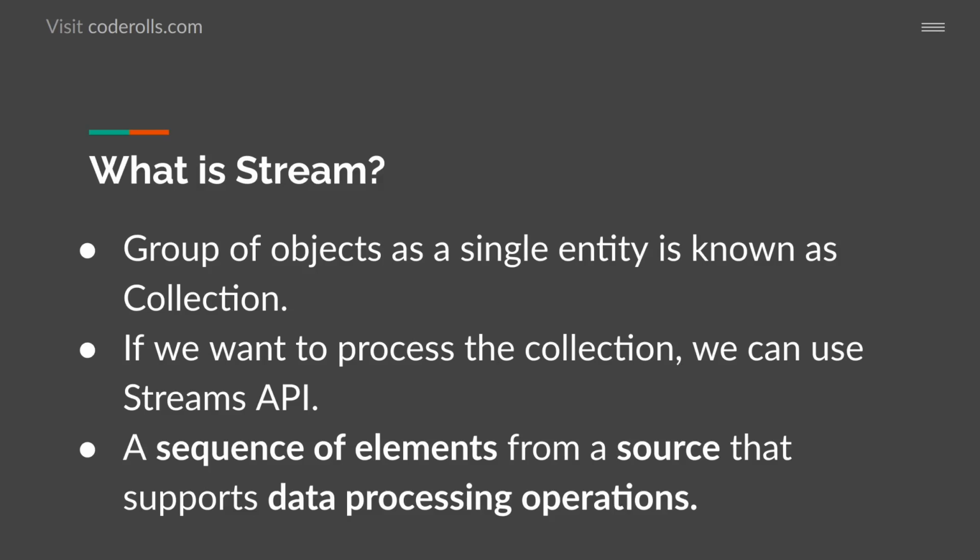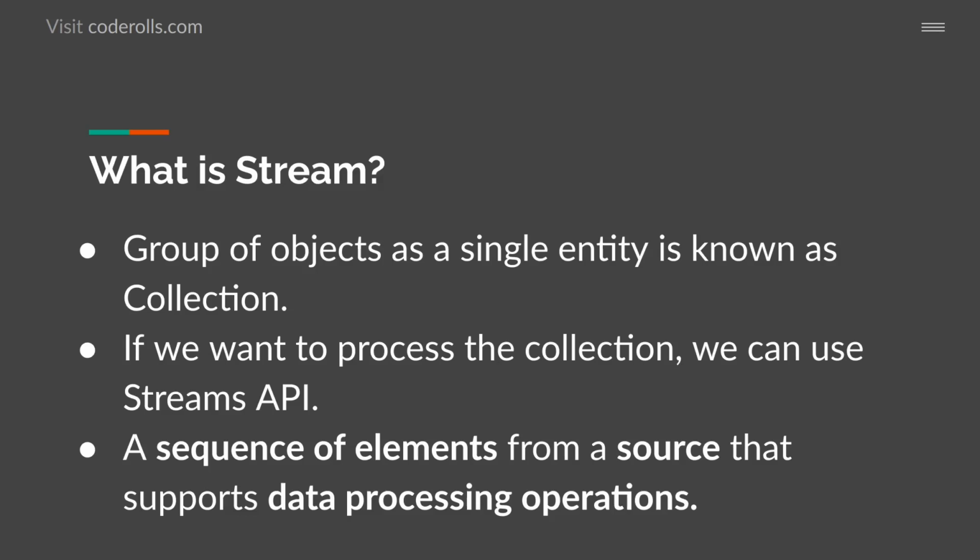So it should be a collection or an array that supports data processing operations. Data processing operations means what? Filtering, mapping, updating. These types of operations are data processing operations.